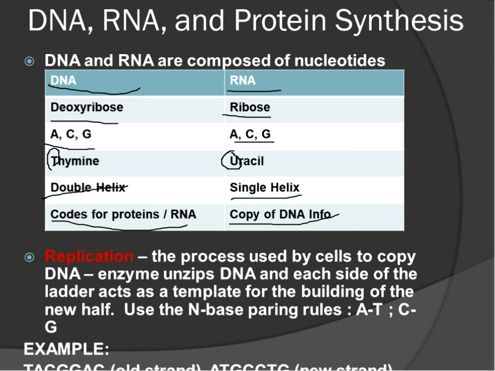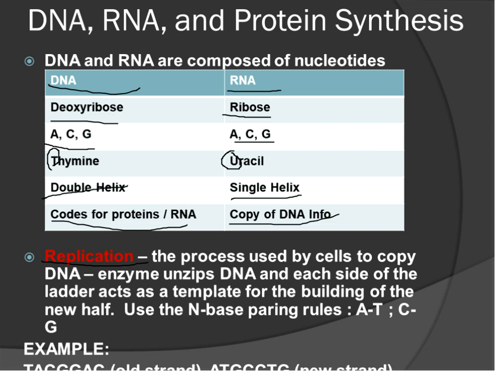RNA is a single helix. DNA codes for making proteins or RNA, and RNA is just a copy of the DNA. So they're all very similar. Main thing you need to know is DNA is double-stranded, RNA is single-stranded. DNA has ACGT, RNA has ACGU.